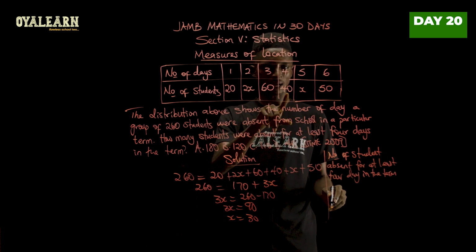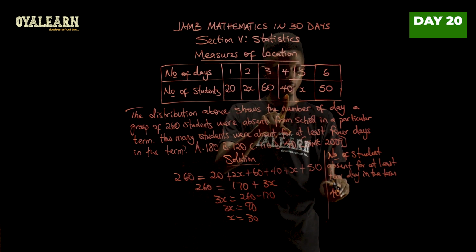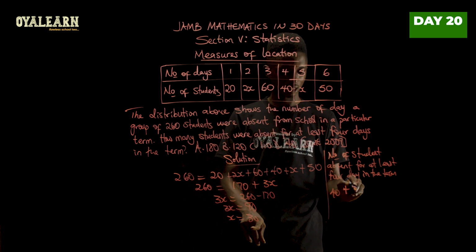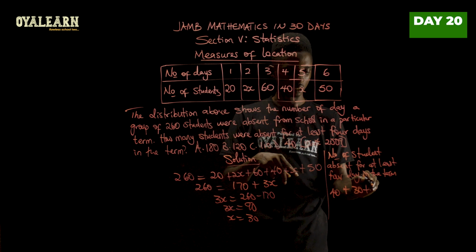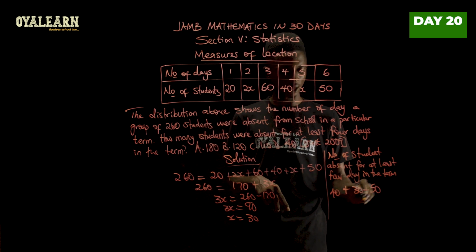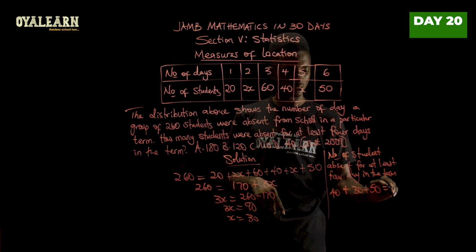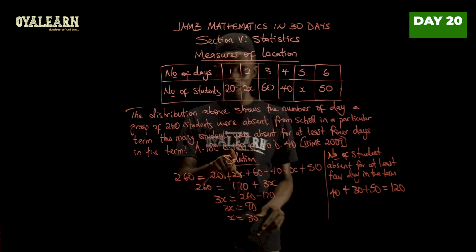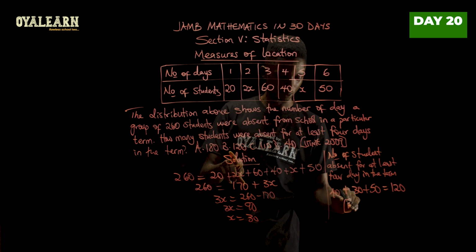Now that will be given by 40 plus x. Now x is 30 plus 50. Now when we add all of these together, we get 120. So the number of students is 120, which is in option B.